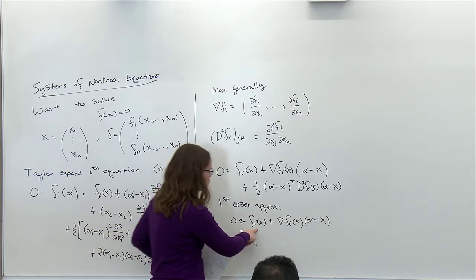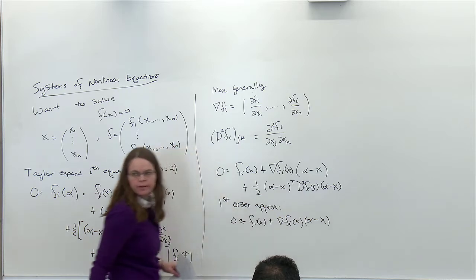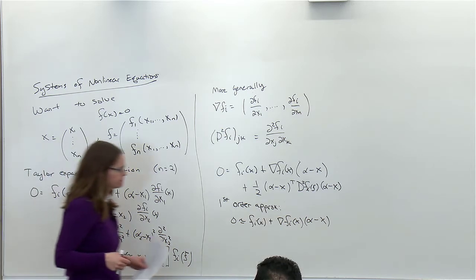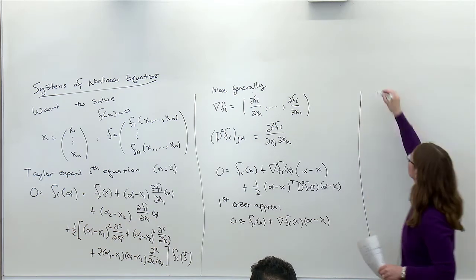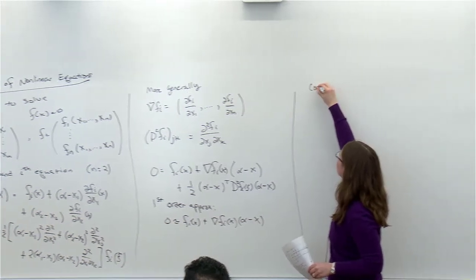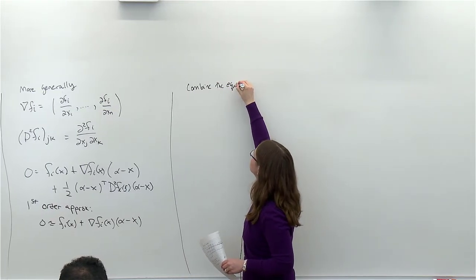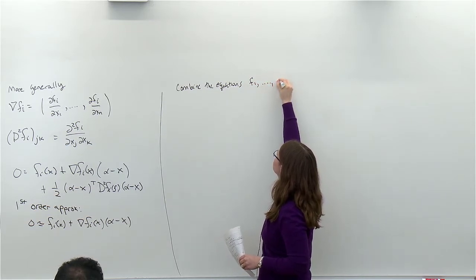Okay, so we do this for the first component, we do this for the second component, we do this for the nth component. Now, again, I can put that all together and think of this as a matrix vector problem. So let's combine all the equations now, all of f1, f2 down to fn.